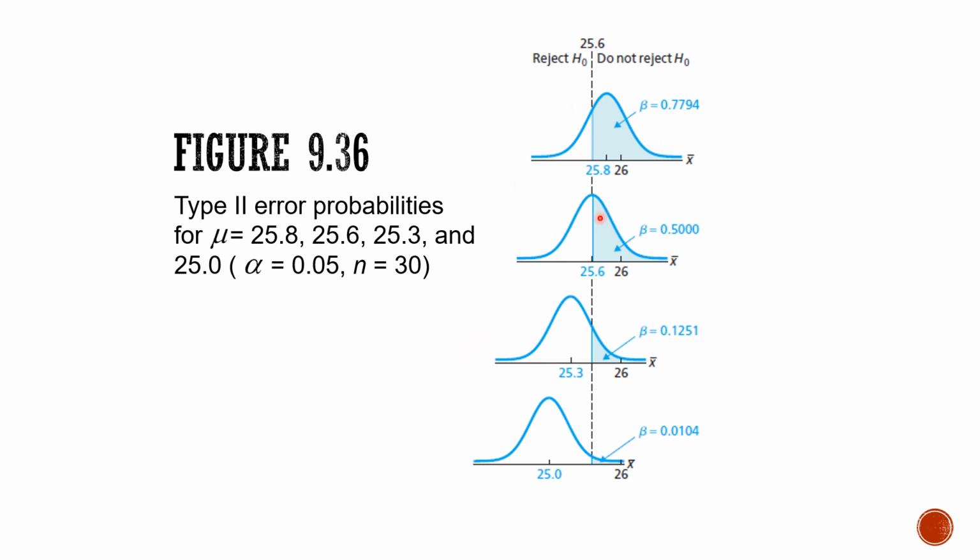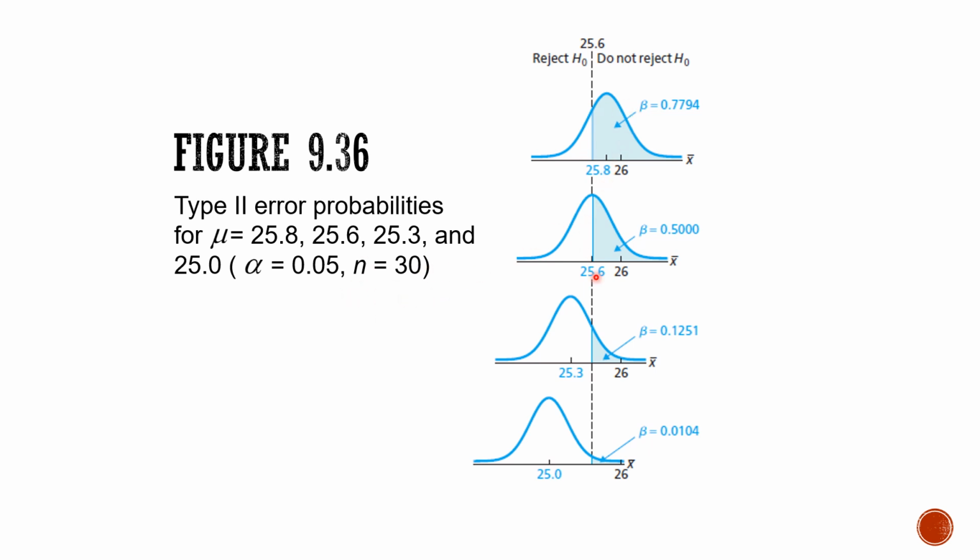Now here is a picture which is rescaled based on different alternate mean values. So 25.8 is a possible alternate mean. Then there's 25.6, 25.3, and 25, with alpha, the significance level, at 0.05, and n, the sample size, equals 30.